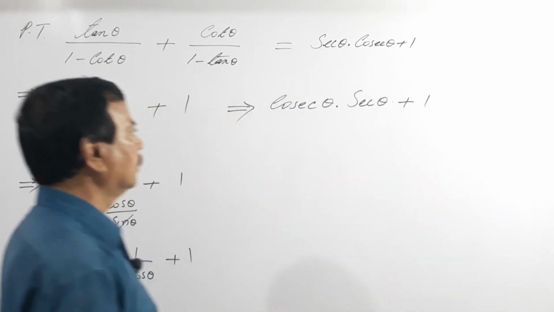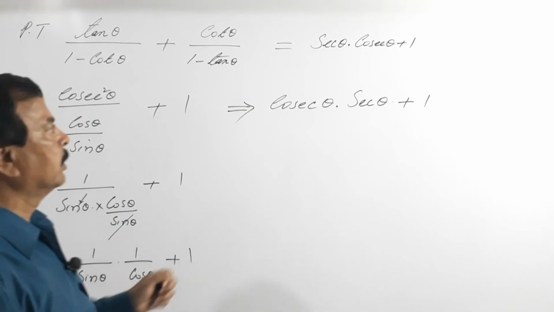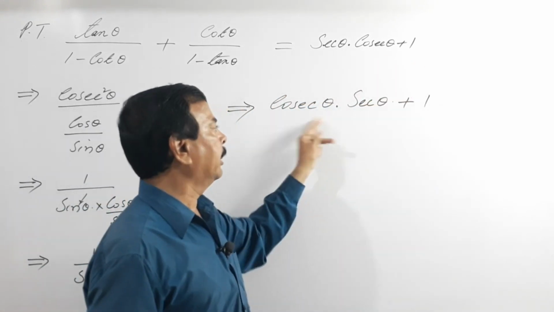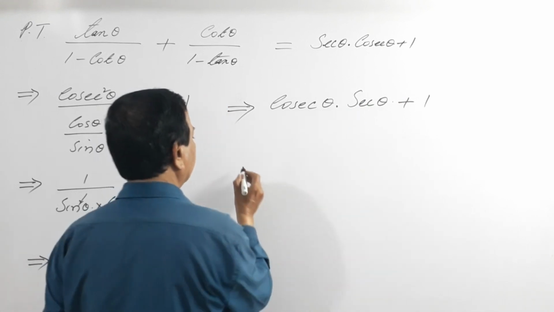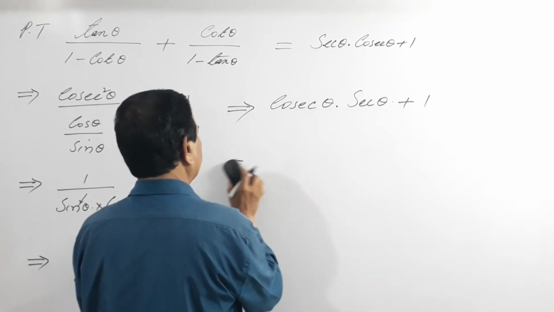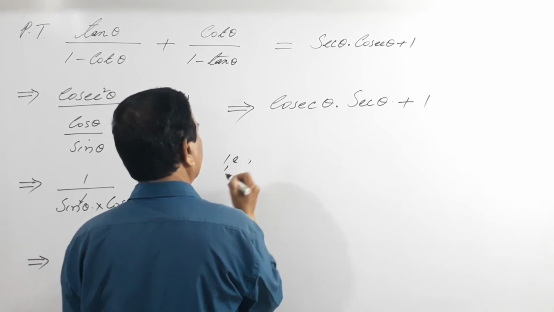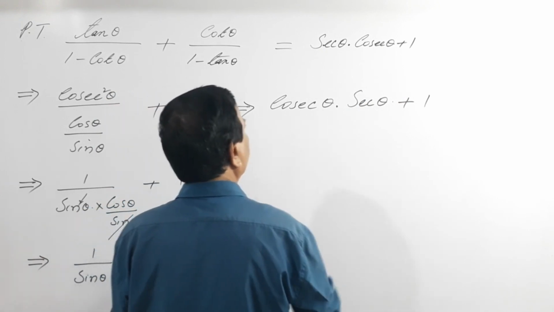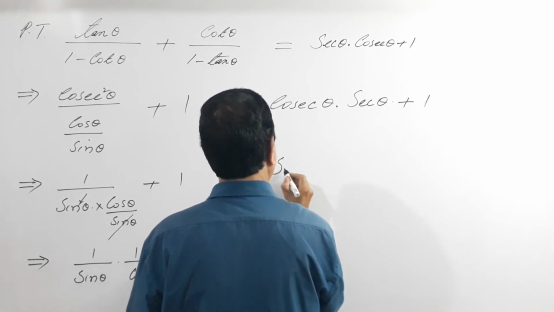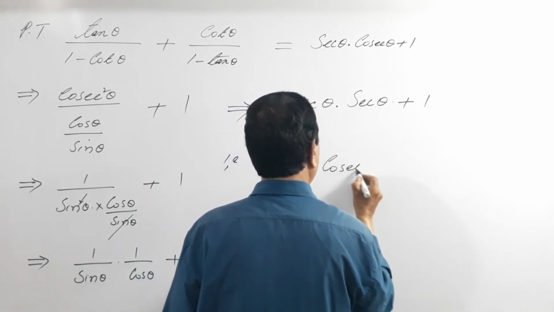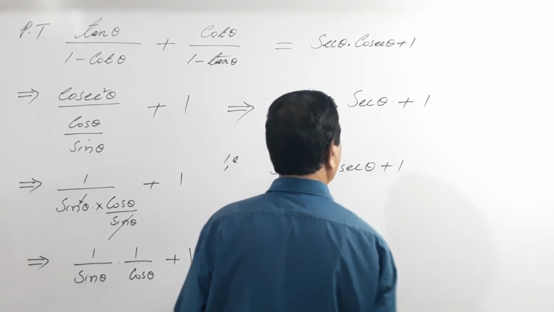What he wants? He wants secant theta into cosecant theta plus 1. So I will rearrange this. That's all, simple. That is what we want, secant theta into cosecant theta plus 1.